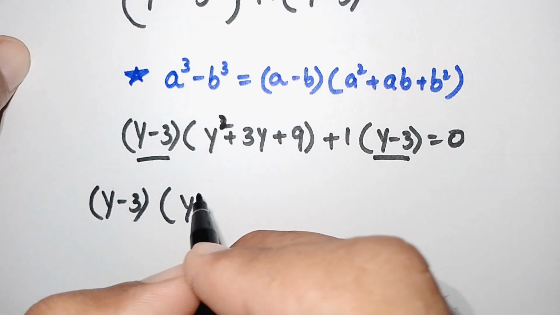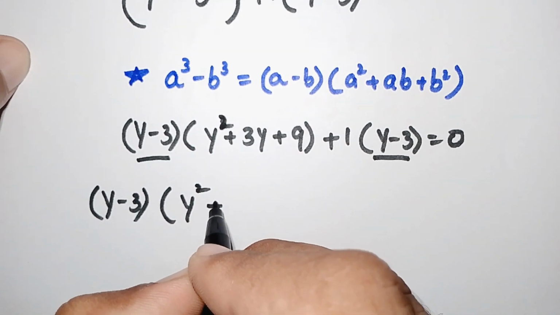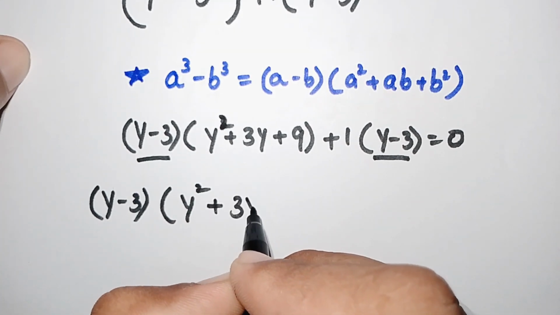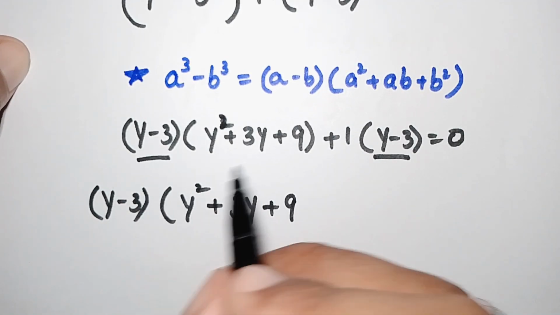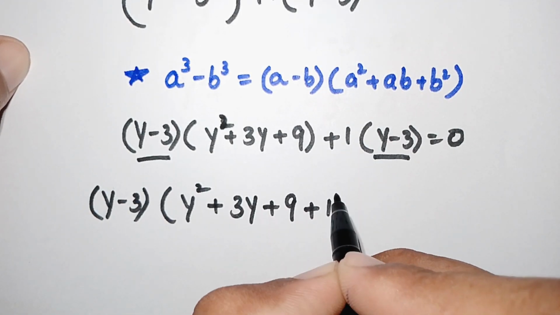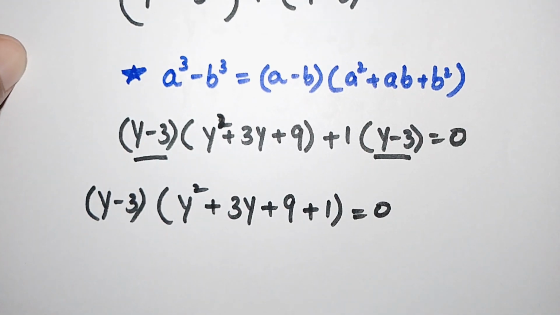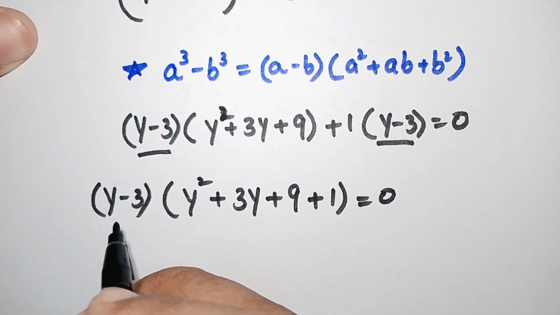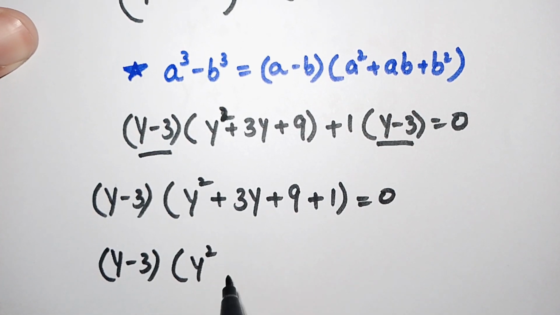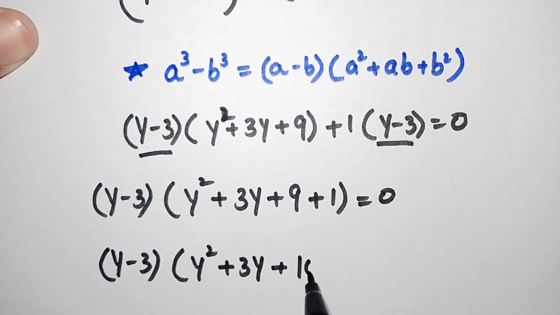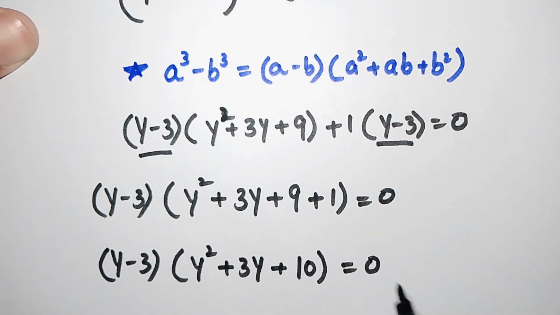So here y square plus 3y plus 9, and also this divided by this, so here this plus 1 is left, which is equal to 0. Now here y minus 3, and here y square plus 3y plus 9 plus 1 is equal to 10, which is equal to 0.